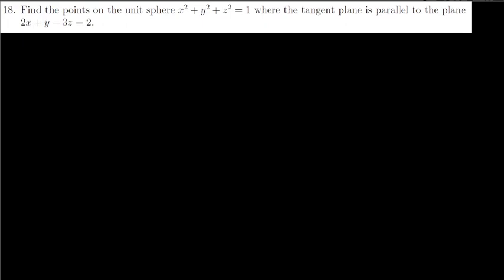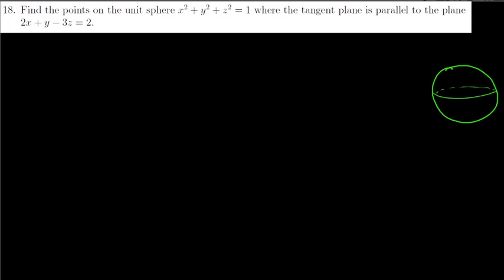And number 18, find the points on the unit sphere. So this is just the sphere of radius 1. Okay, so pretend the radius is 1 here, where the tangent plane is parallel to the plane.